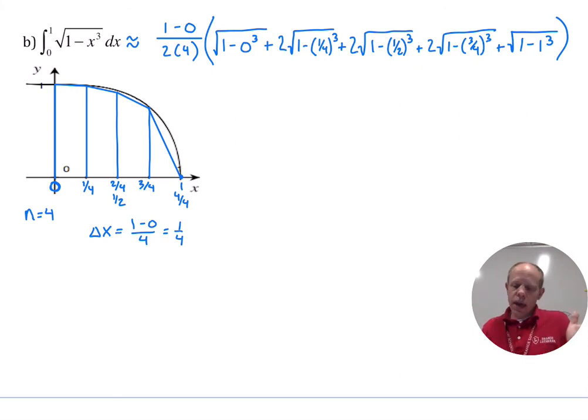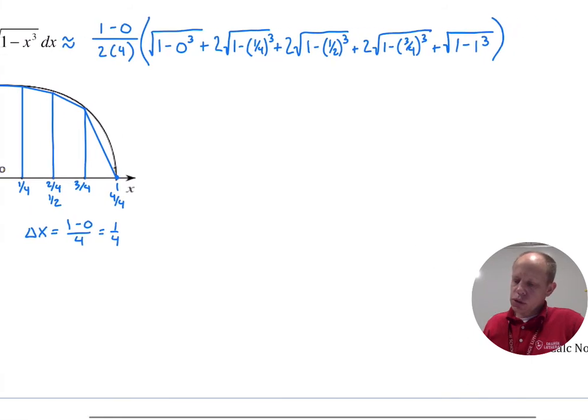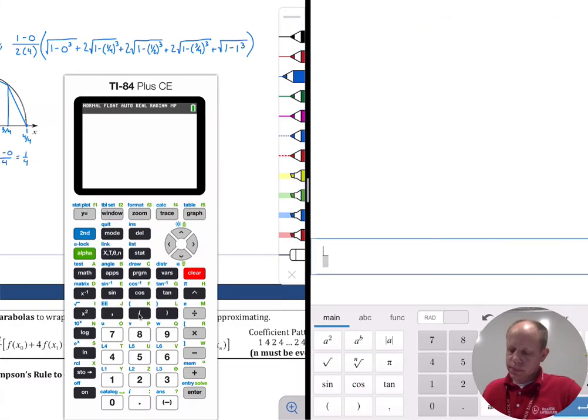Okay, so you can go ahead and type this whole thing into your calculator at this point, or you can try to simplify this down to make typing it into your calculator a little bit easier. I think I'm just going to show you using the calculator. So we'll have 1 minus 0 over 2 times 4, or you could just put 1 over 8.